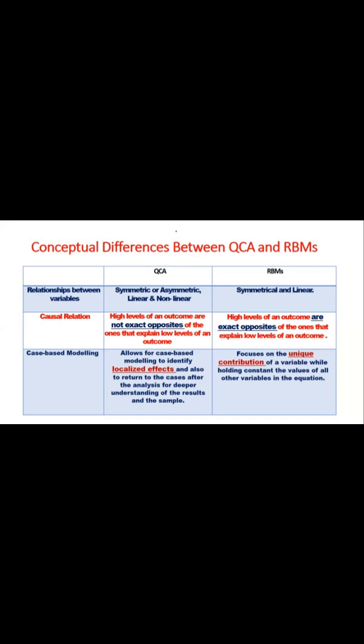In a QCA, you can say, if the statement is developed countries are democratic, then we conclude in the regression-based method that if the developed countries are democratic, the less developed countries are not democratic, or are less democratic. But in case of a QCA, these statements are not exact opposites.